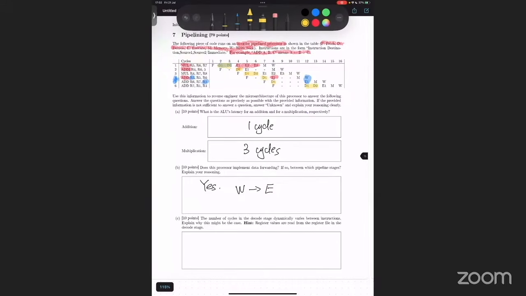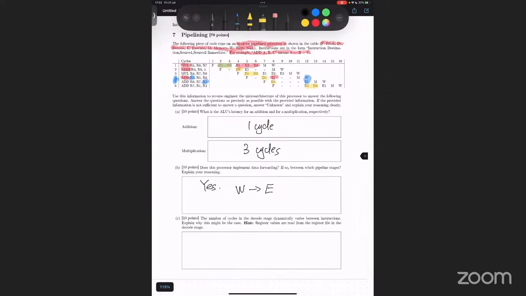One possible explanation is that we have up to 2 operands that come from the register file, so it takes more cycles to read both operands from the register file.